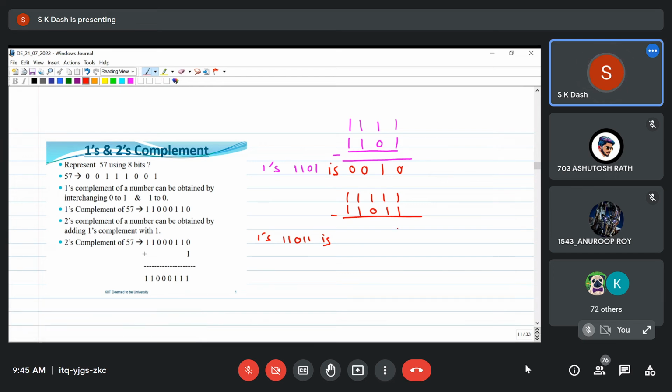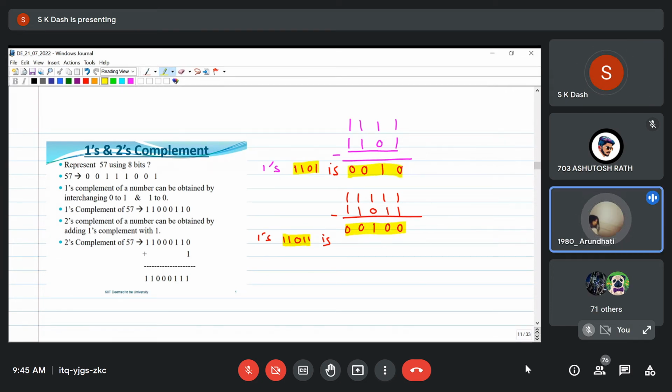So 1 minus 1 is 0, 1 minus 1 is 0, 1 minus 0 is 1, 1 minus 1 is 0, 1 minus 1 is 0. So this number's one's complement is this. But this is just algebraic subtraction, right? Yes, it is only the subtraction.